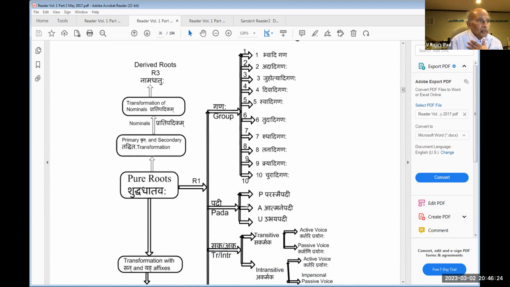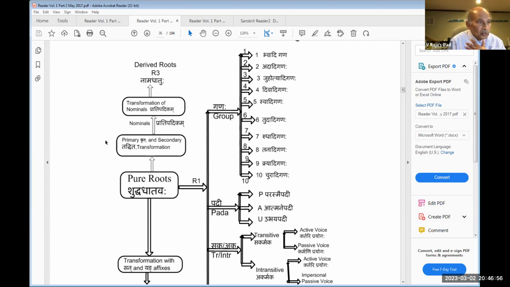Pure roots belong to one of 3 padis, parasmaipadi, atmanepadi, ubhayapadi. It tells you what type of ending it takes. Labh is atmanepadi, labhate, obtains. Bhu is parasmaipadi, bhavati. Nam is parasmaipadi, namami. I bow.